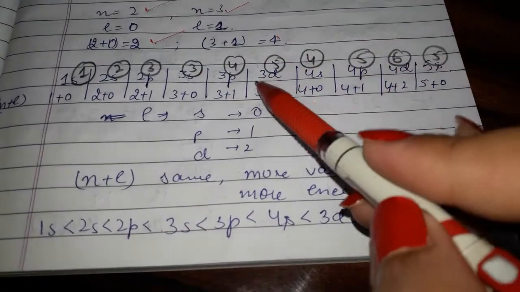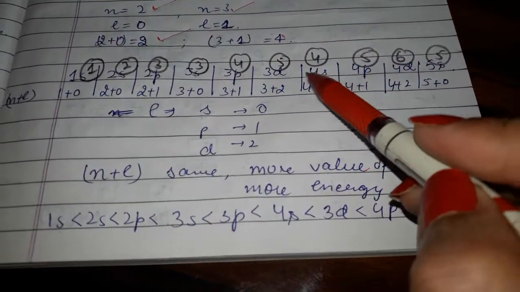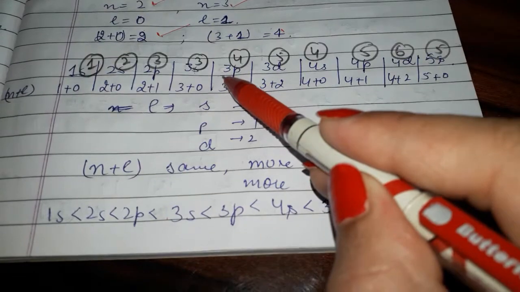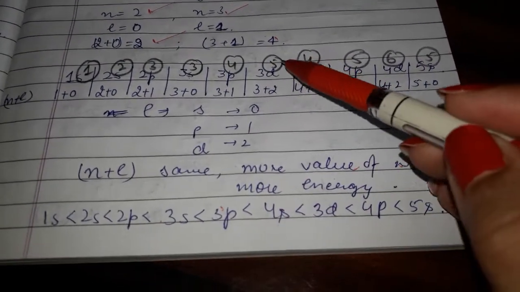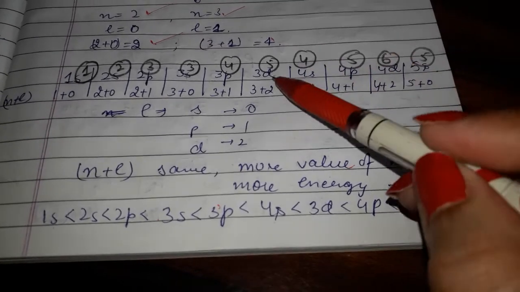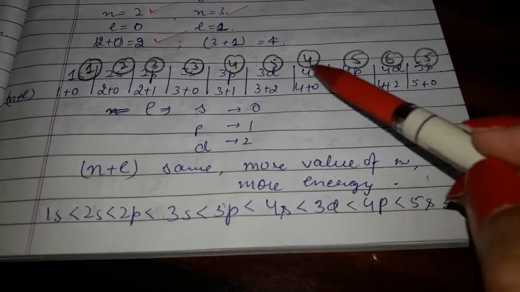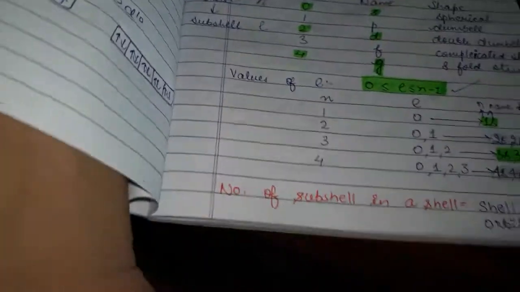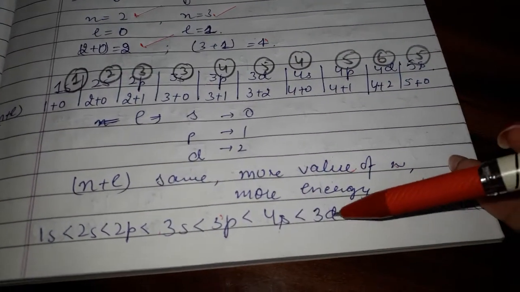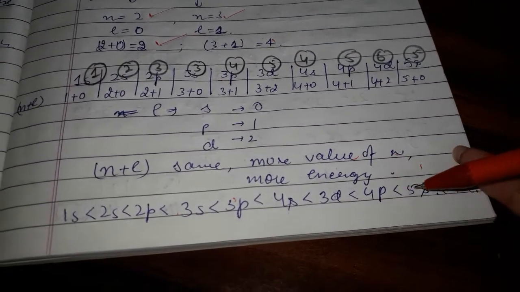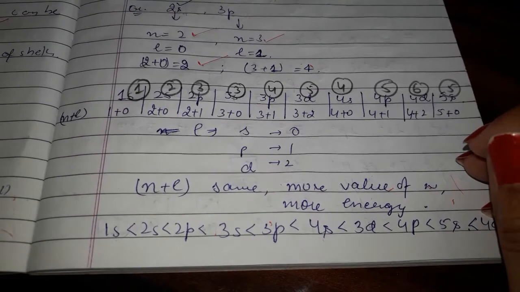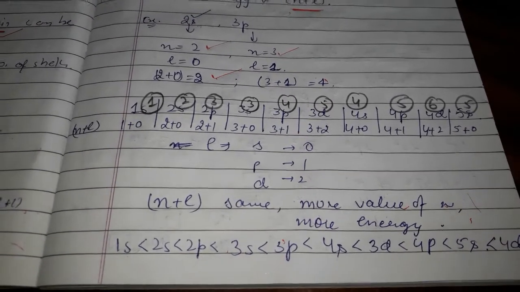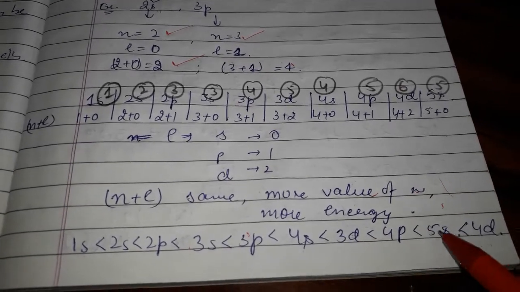Then we have to check for 4, 3p and 4s. Here the value of n is less, so 3p will be filled first, then 4s. Then in 5, here is 3, 4 and 5, so 3d will be written first, then 4p, then 5s, and in the end it will be 4d. So this is the order to fill the orbitals.